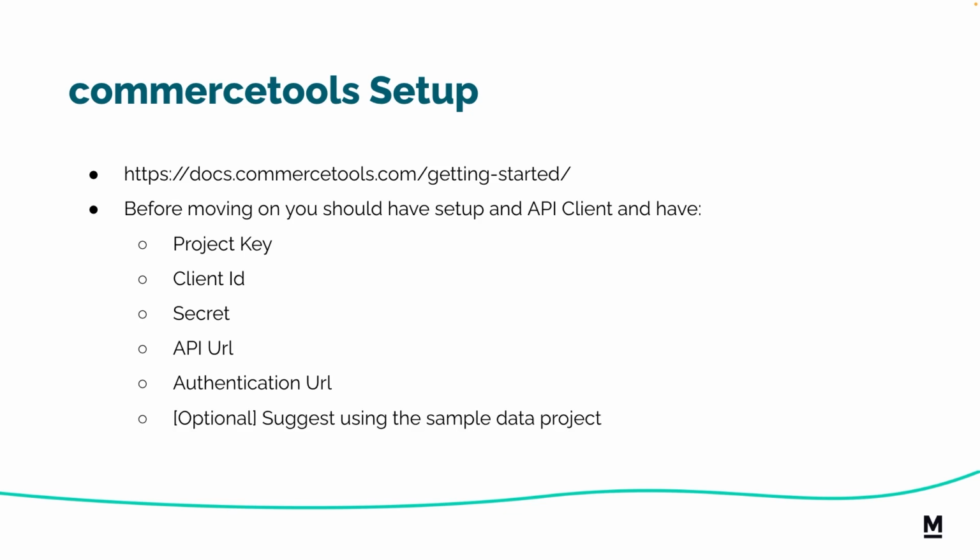And optionally, when you are setting up your commercetools instance, you usually get the option to set up some test data. I would recommend you take that option. So it means you have test orders already in there, test products, things like that. Although we will be doing that in today's video, it's always useful to have products and orders already there as well, so you can use them as a bit of a reference point.